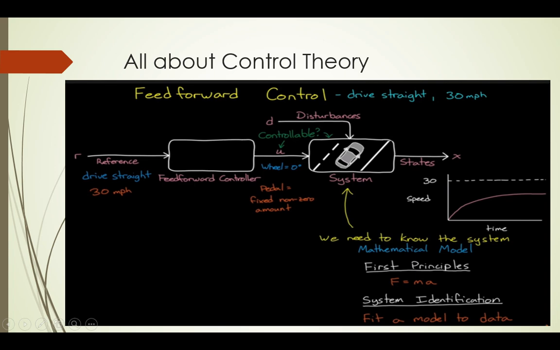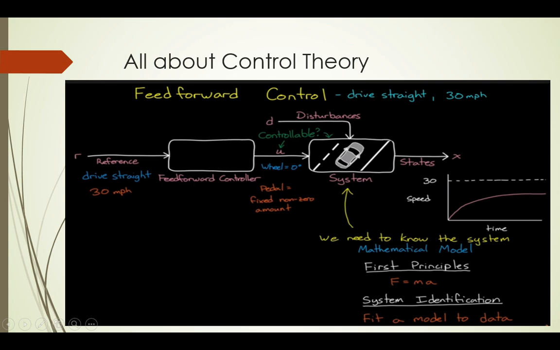How do we design a mathematical model for this system? We can use first principles. For example, this is a mechanical system that deals with displacement and motion, so we can use Newton's second law of motion, F equals ma, to model this mathematically so that we can calculate the relation between pedal angle and the speed of the car.